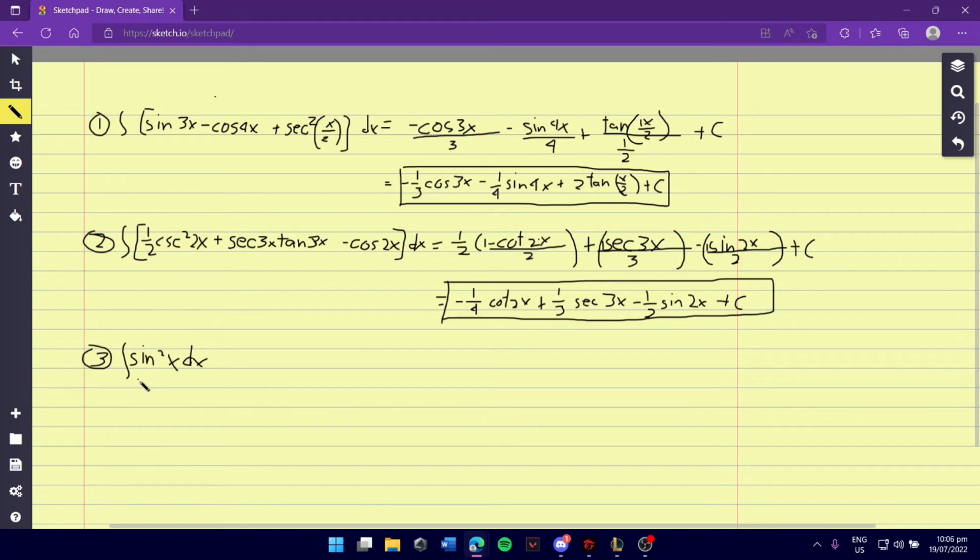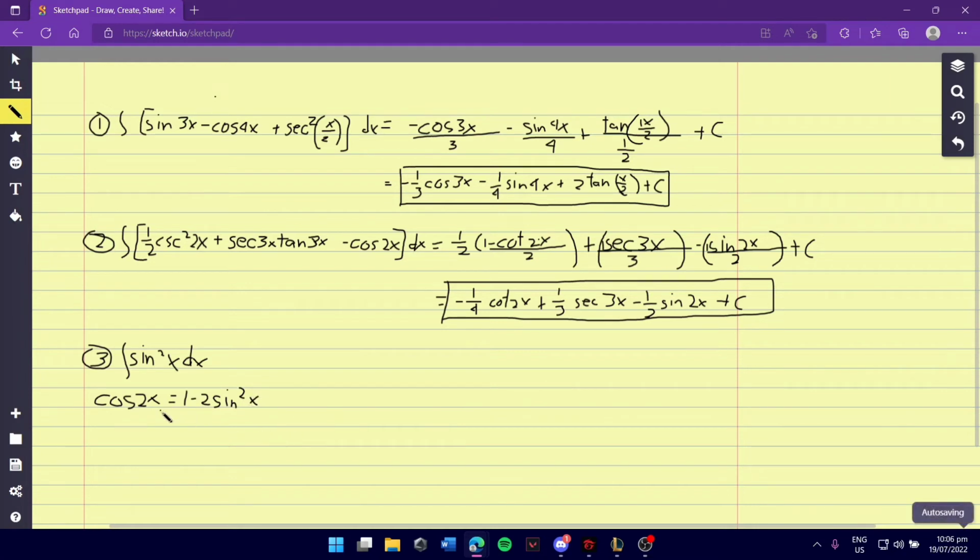According to our trigonometric identities, cosine 2x is equal to 1 minus 2 sine squared x.